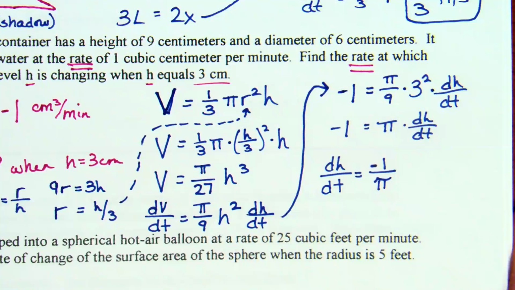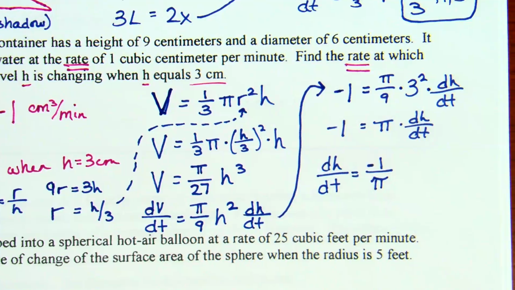And what would be my label here? Not cubic centimeters per minute. No. Okay, but use the idea, the cubic centimeters per minute was the change in the volume, yes?